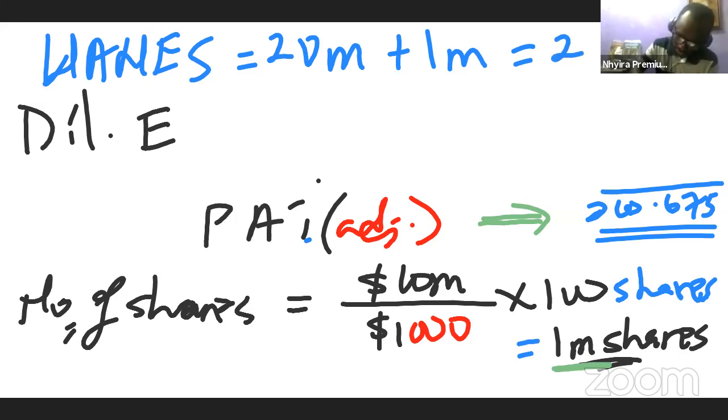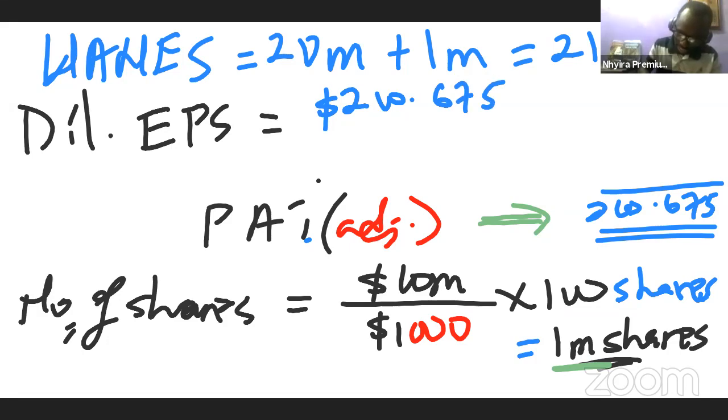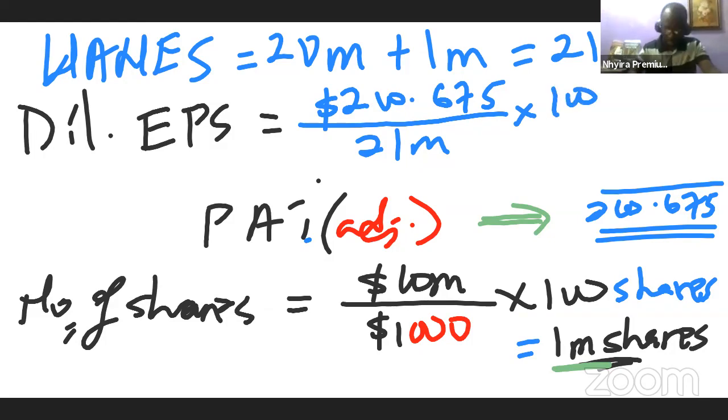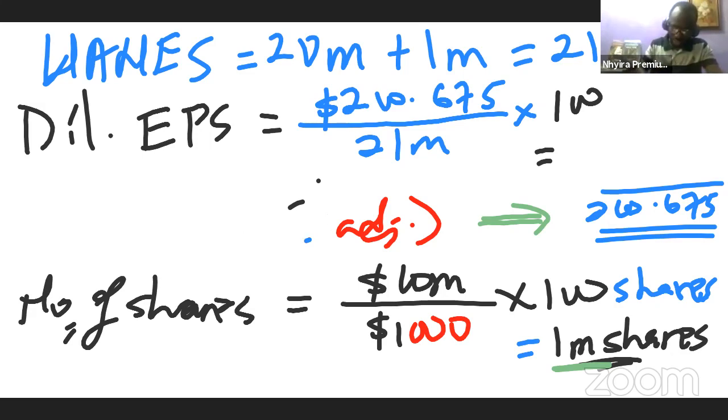So our diluted earnings per share will become the adjusted profit, which I already have here, 200.675 divided by 21 million shares times 100. The 100 here we are multiplying is $100, because the diluted earnings per share, or the earnings per share, must be in the smallest unit of the currency.